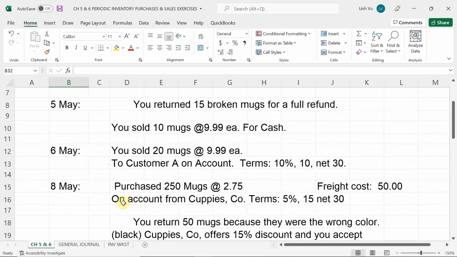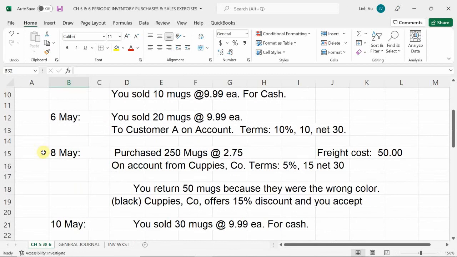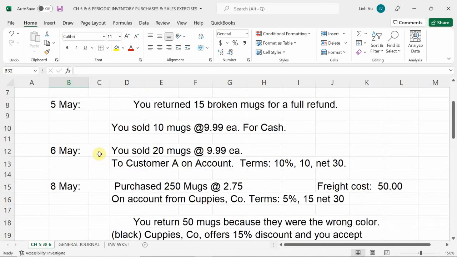Now, second thing was, did customer A make any returns or any allowances? No. Good. So in this case, customer A is good.